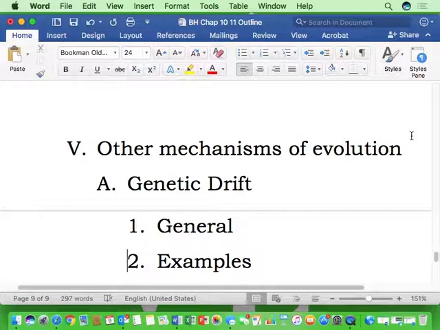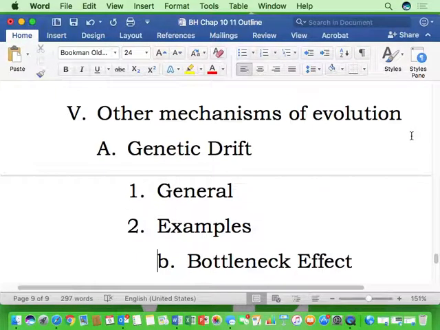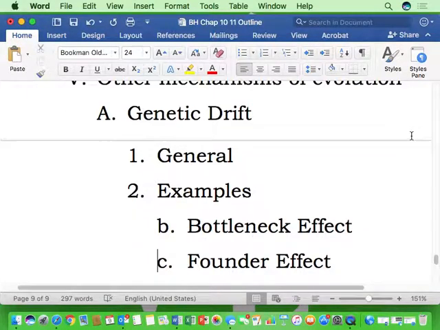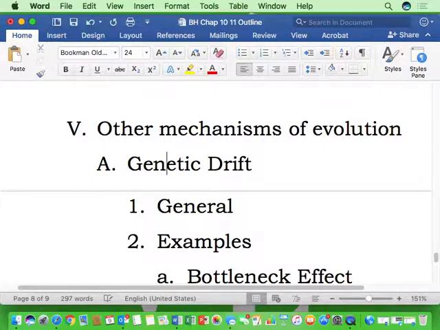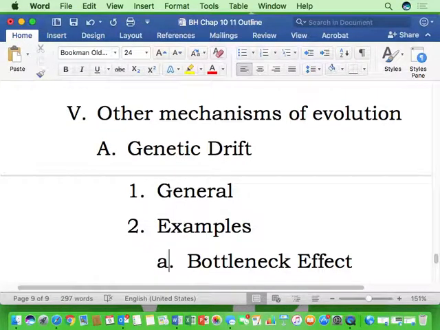So there are a couple of ways that this can happen. These are the most common ways, I guess, it can happen. So one way is, where'd it go? Okay, that should be an A. The bottleneck effect.